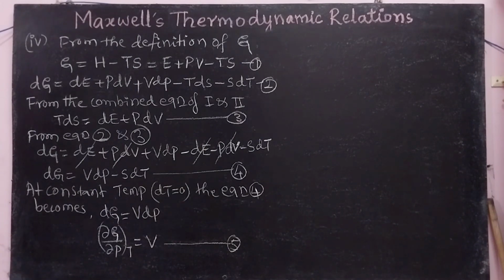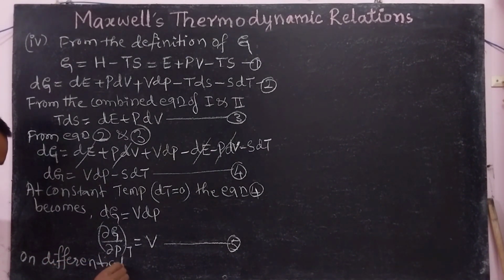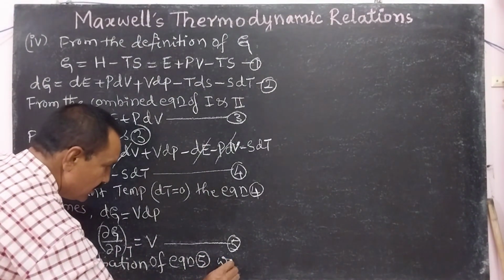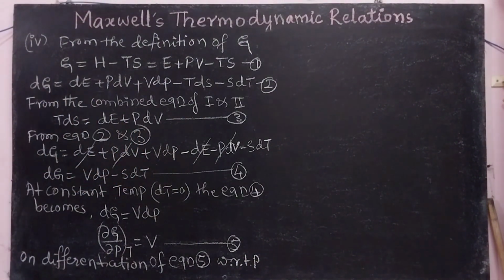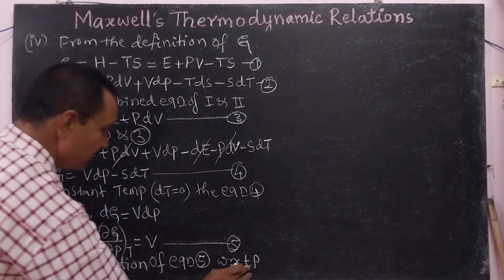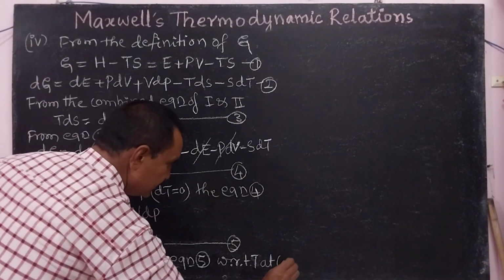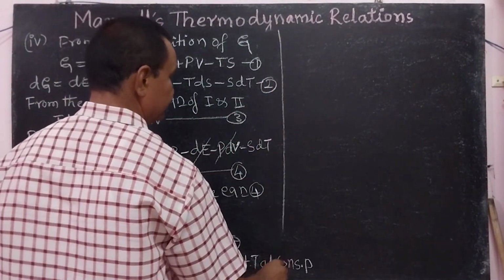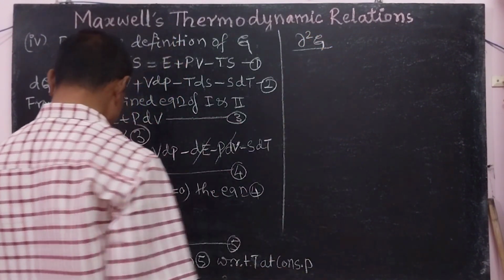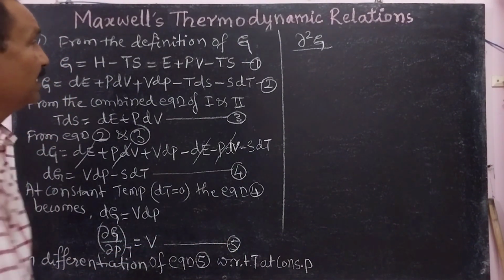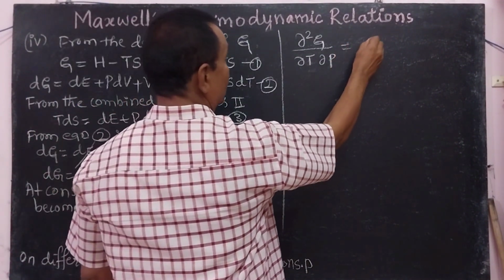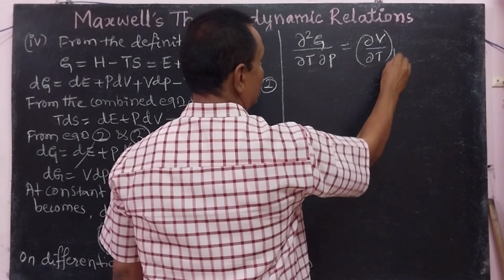On differentiation of equation 5 with respect to T at constant P, we get ∂²G divided by ∂T ∂P, that is equal to ∂V divided by ∂T at constant pressure.